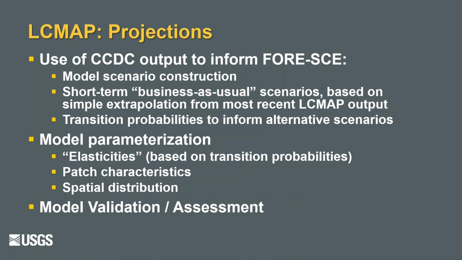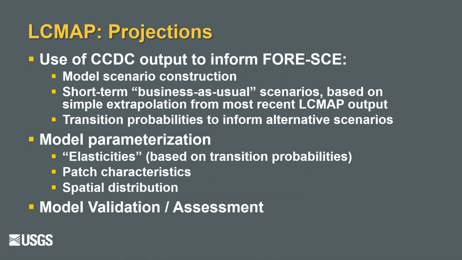So this involves model scenario constructions where we bring climate projections into the modeling, and estimate the probability of land patches, done on a patch basis, to change in the future based on future climate, or to change in the past based on past climate. And we get a spatial distribution for this.